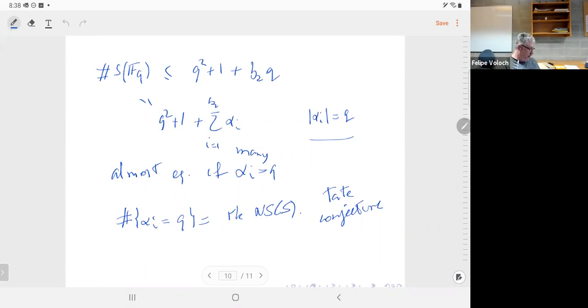So maybe it's a bad thing that I can only imagine proving the Ling bound via this method if I can prove the Tate conjecture at the same time. Maybe this is a bit too optimistic, but who knows. Certainly anything towards that would be interesting.